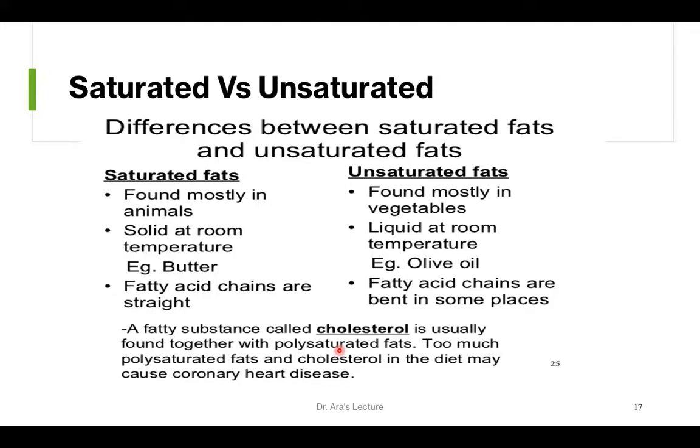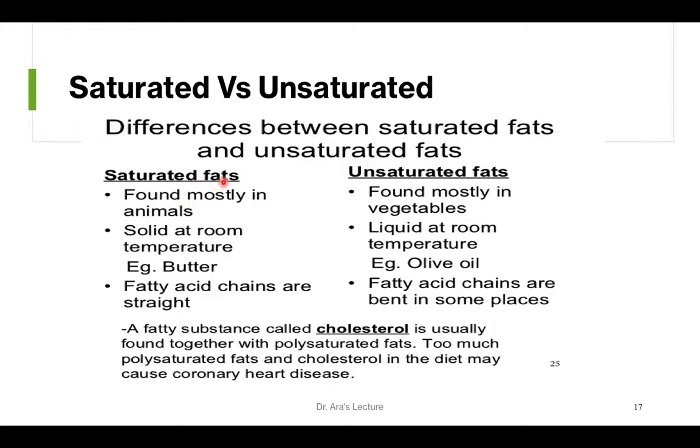What is the difference between saturated and unsaturated fatty acid? I think we have already learned the basic differences between saturated and unsaturated. Let's have a look here. Saturated fats are found mostly in animals. Unsaturated fats are found mostly in vegetables.